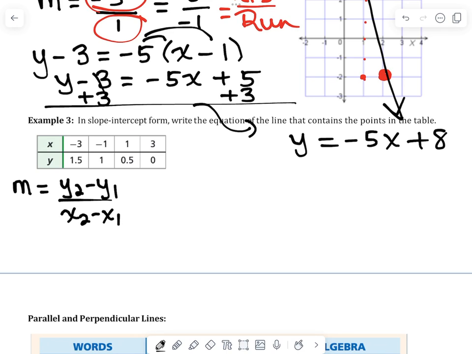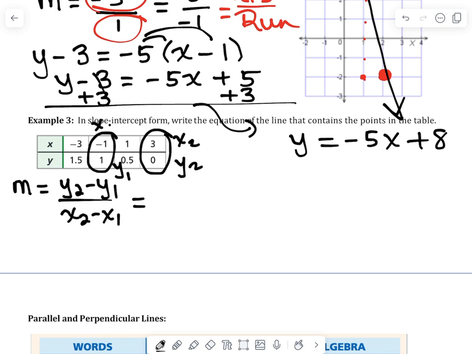So we need to identify 2 points. I'm going to choose this point here and that point there. I'm going to call this x1, y1 and x2, y2. I'm going to substitute those numbers in so I can find out what the slope is.